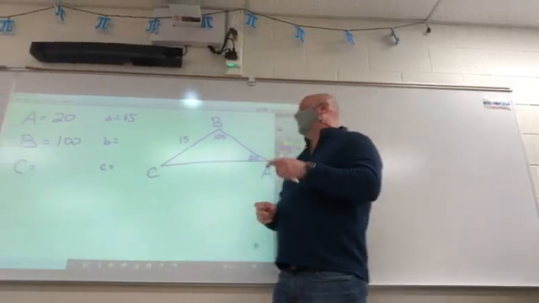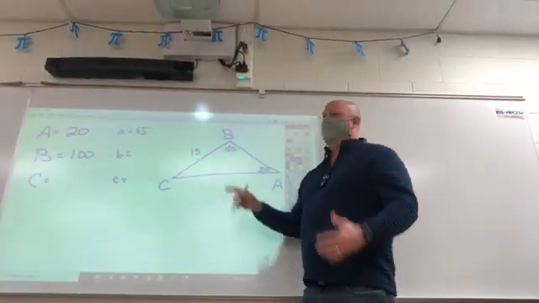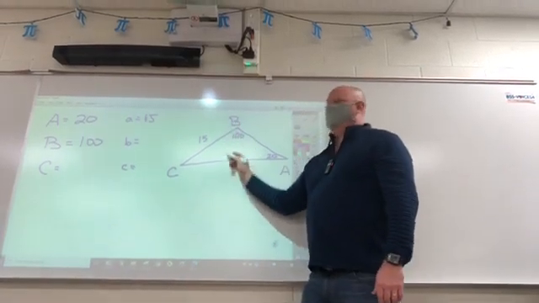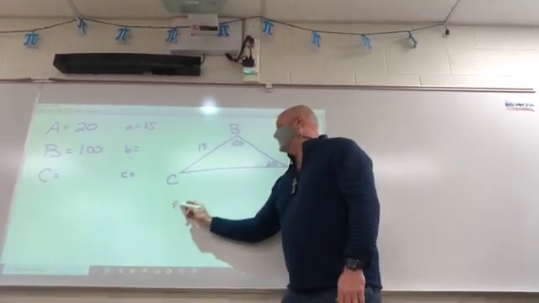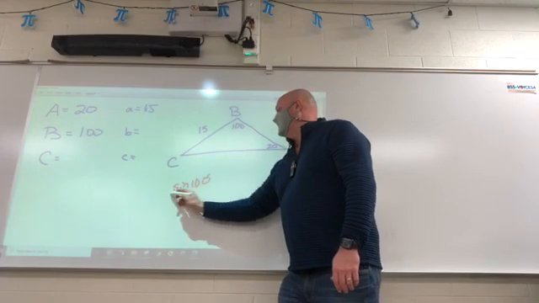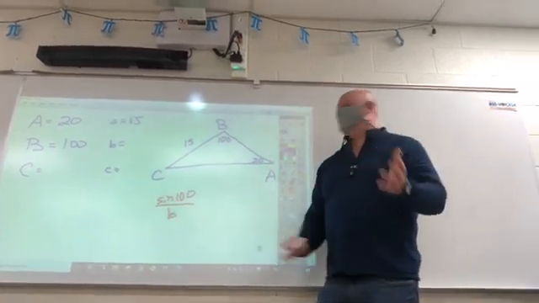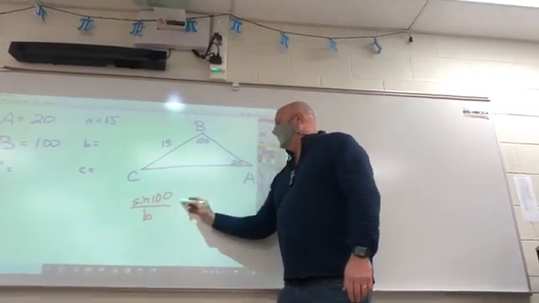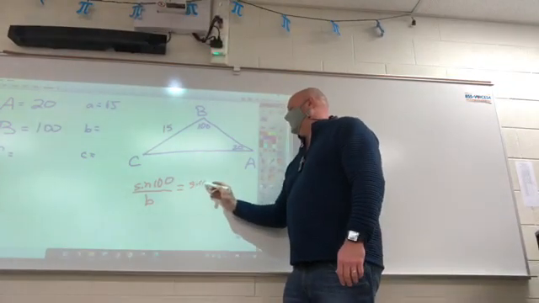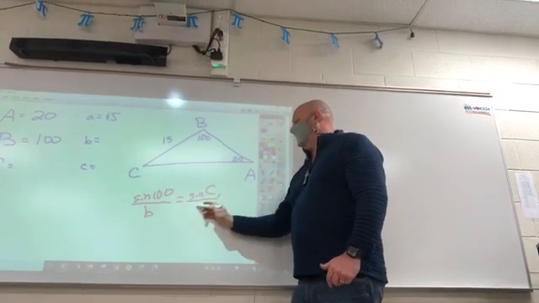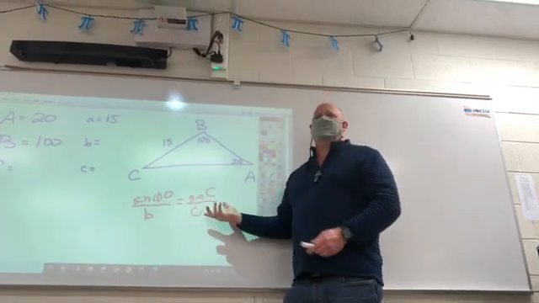And the reason that's important is basically all I'm going to do is set up a proportion. If I tried with B and said sine of 100 is to side B, I don't know side B. If I tried it with C, I'd have sine of C, which I also don't know, over side C, which I also don't know. I can't solve this proportion.